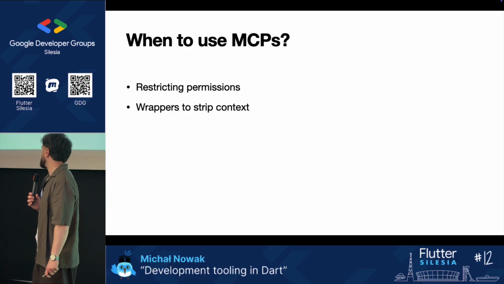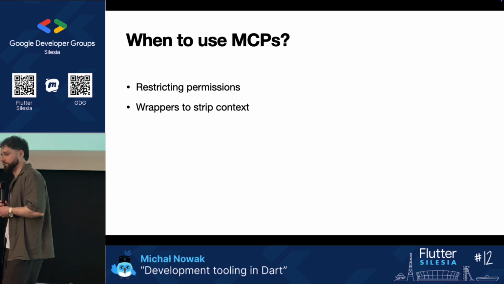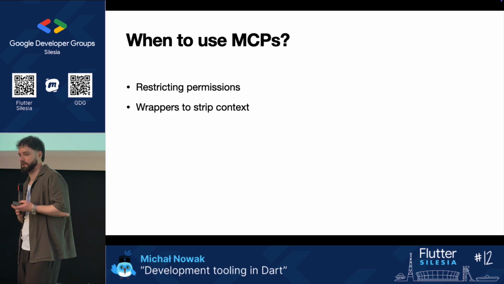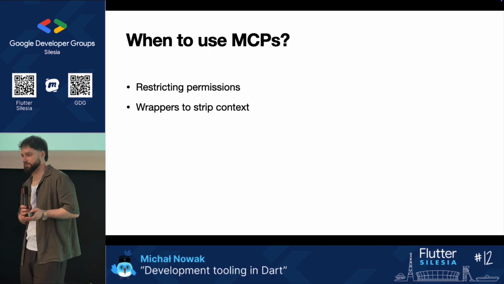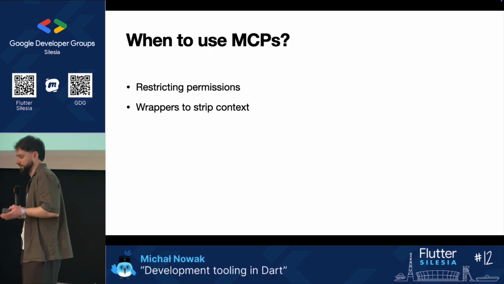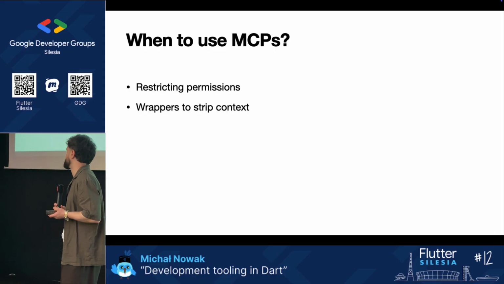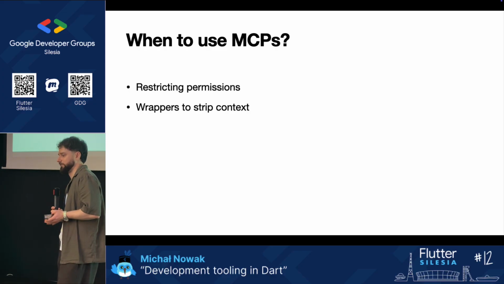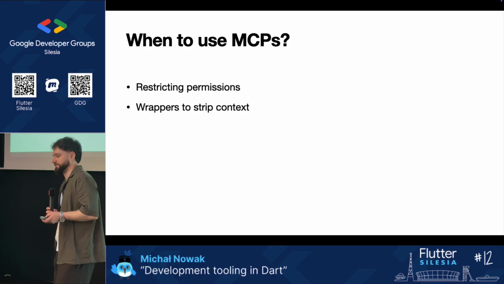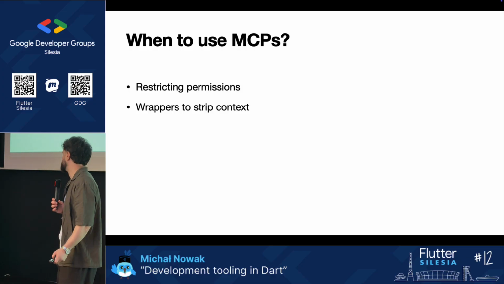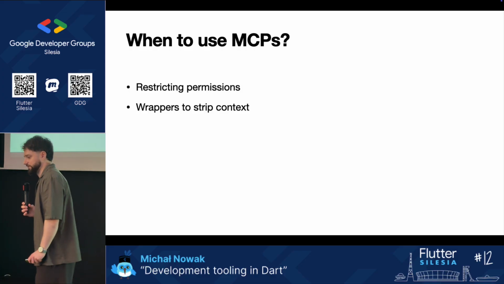Also, there is a bit of talk about MCPs putting too much context into your LLM, and some simple requests because of that can take a lot of tokens. For example, yesterday I think we disabled Dart MCP by default in our repo because we found out that it takes around 8,000 tokens when it's sitting idle in the context, and some people didn't like that.